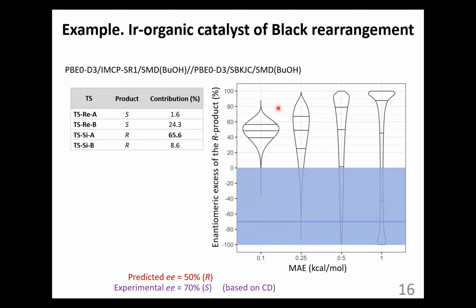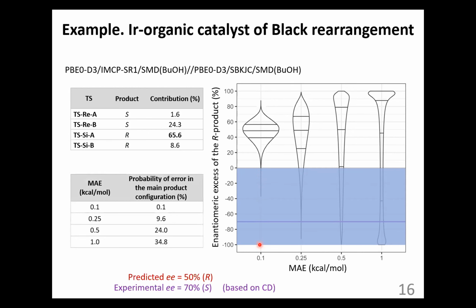But before we go further, I would like to show you that these Gaussian plots, which are constructed using our error propagation approach, can be integrated from 0 to minus 100. That is, we are estimating the probability of error of our prediction of the main product configuration. Here it is.